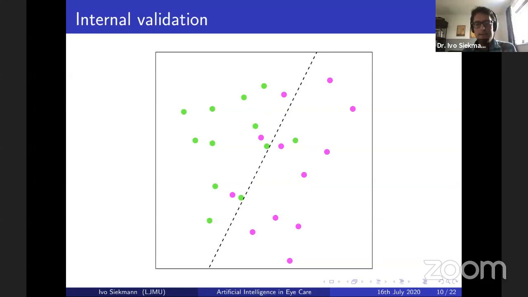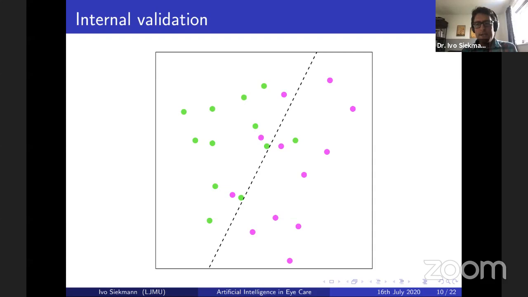And the reason is that your training data doesn't really bias the model that much anymore, and the test data simulates the effect of having really new patients that we assess with our method.